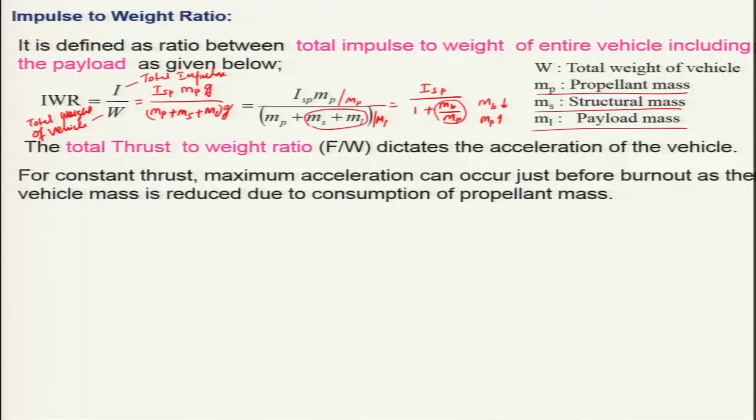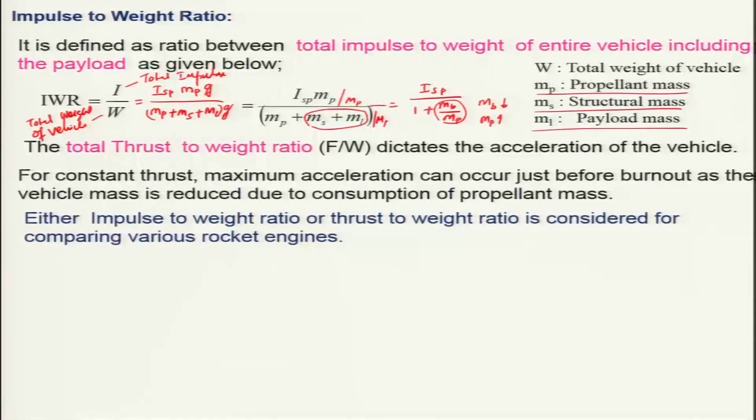Of course, there might be a small amount of residual mass remaining, which cannot really be consumed. Except for that, most of the mass will be consumed at the burned out. Therefore, it is expected to have the maximum acceleration occurring at the burned out.